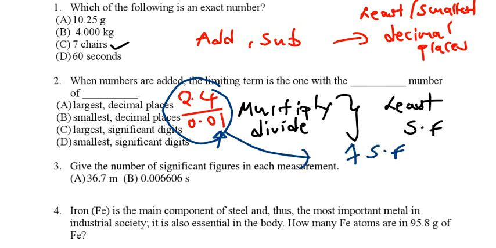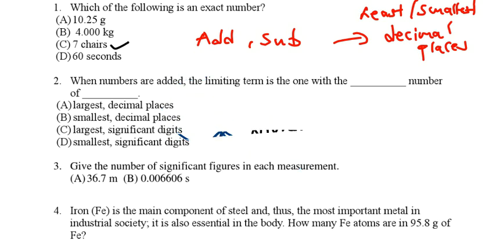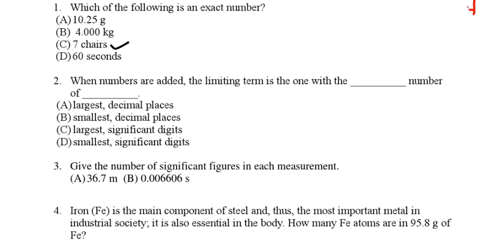So the value with the least significant figures in multiplication and division restricts or limits. Okay? And then for addition and subtraction, it's decimal places. So when numbers are added, the limiting term is the one with the least or the smallest number of decimal places. So B is the answer.